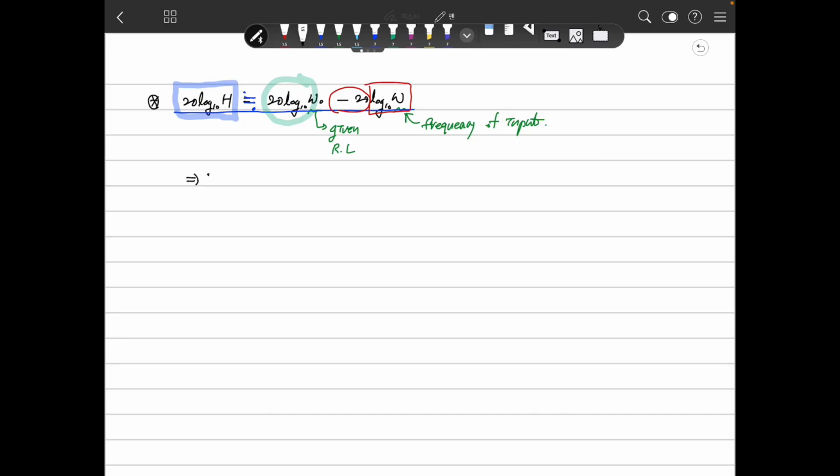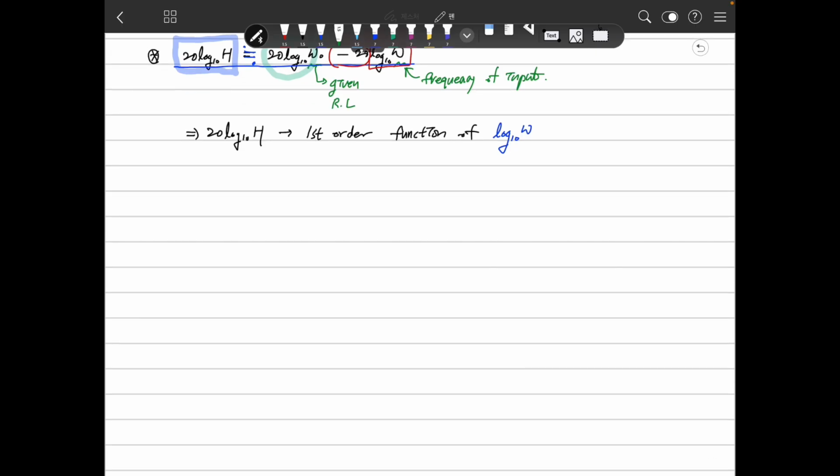So what's the meaning of that? 20 log 10 H is a first-order function not of omega, but of log 10 omega.